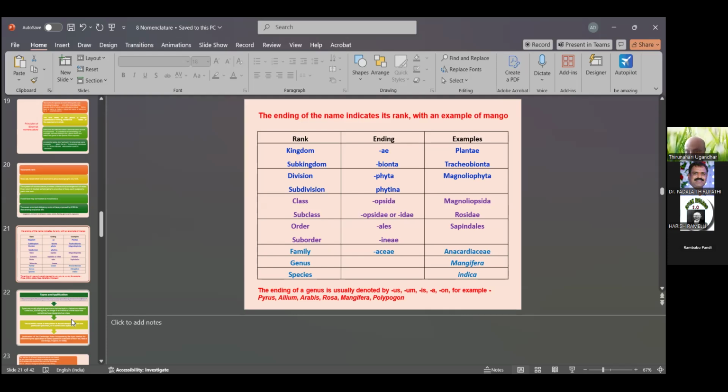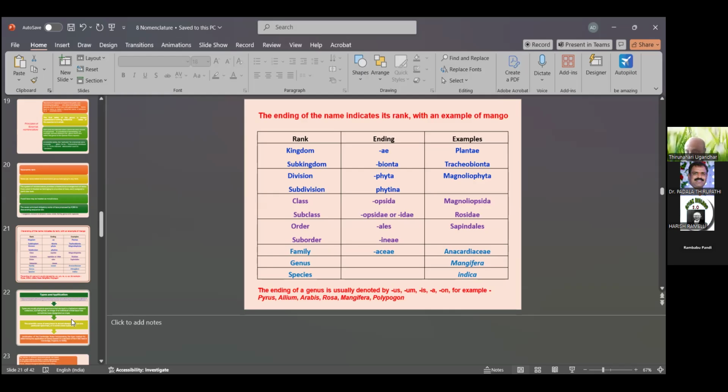Kingdom: Plantae. Subkingdom: Tracheobionta. Division: Magnoliophyta. Subdivision: Magnoliophytina. Class: Magnoliopsida. Subclass: Rosidae. Order: Sapindales. Family: Anacardiaceae. Genus: Mangifera. Species: indica.